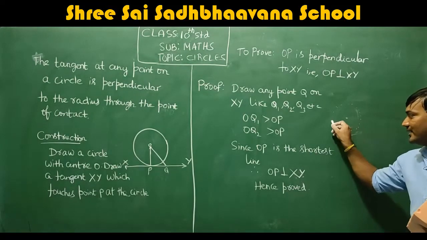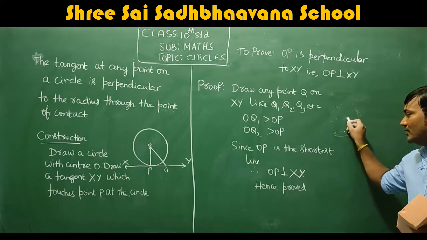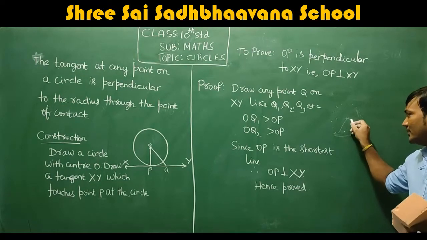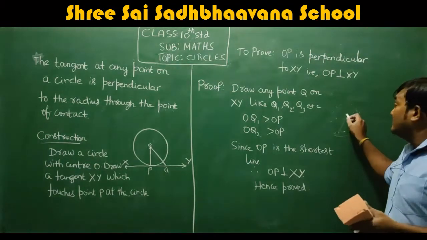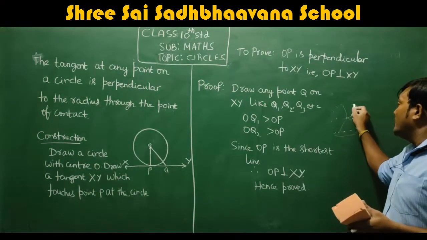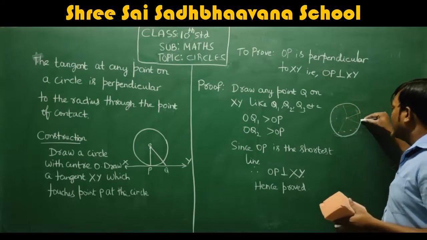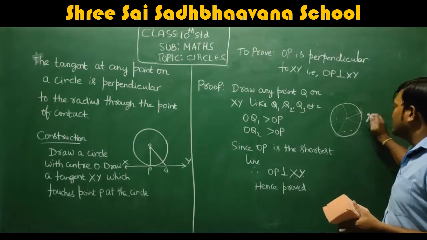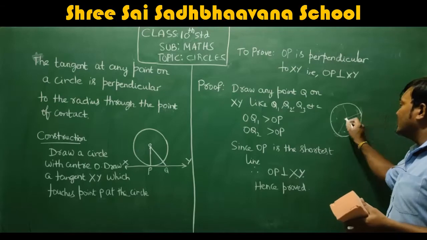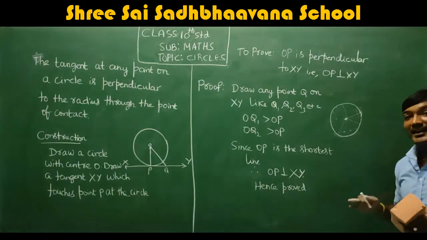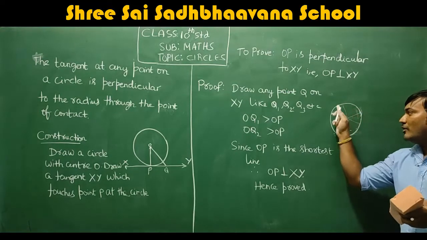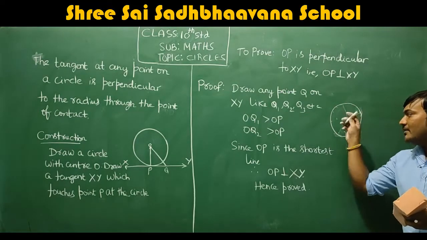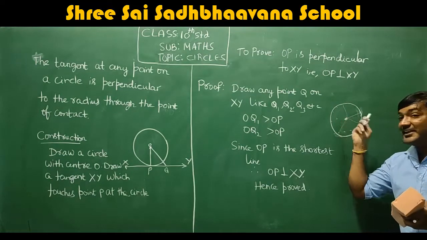For example, if this is 2 centimeters, this is also 2 centimeters, this point also 2 centimeters, and this point also 2 centimeters. When you join all these points, you will get a circle. So what do you understand from this? A circle is nothing but the path of all the points joined with respect to the center.